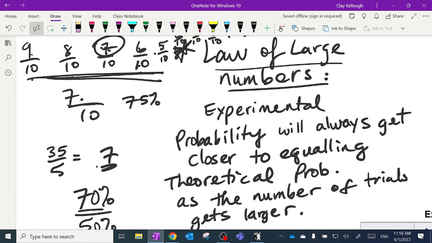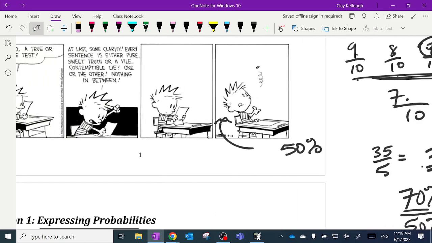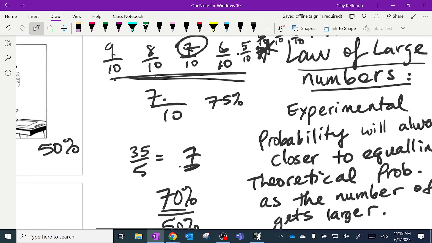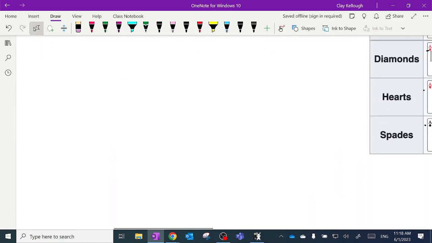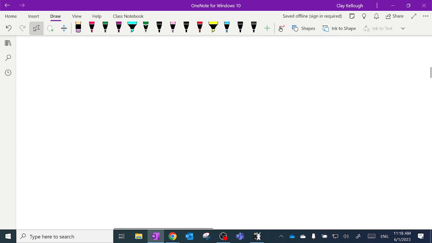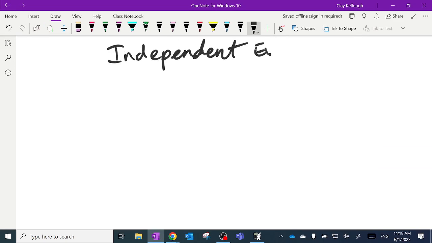So that was something I wanted to talk about yesterday, and I forgot to. The other thing I was going to do today was a quick reminder on how to calculate independent events. And again, you did this in grade 8. Independent events works like this.